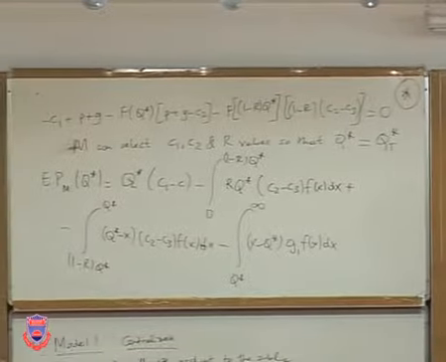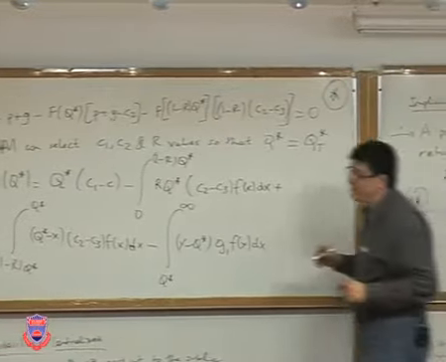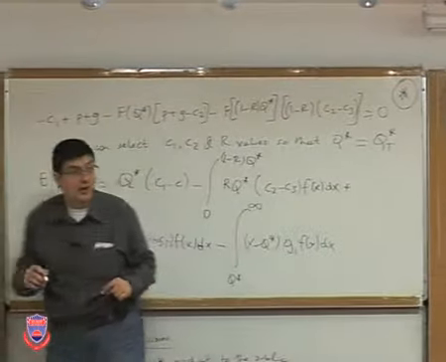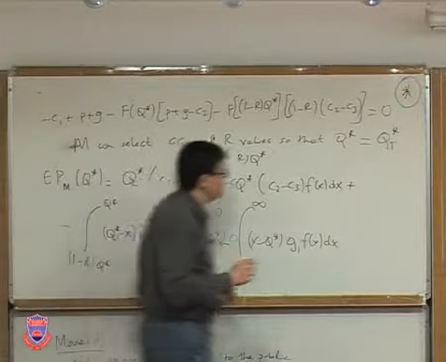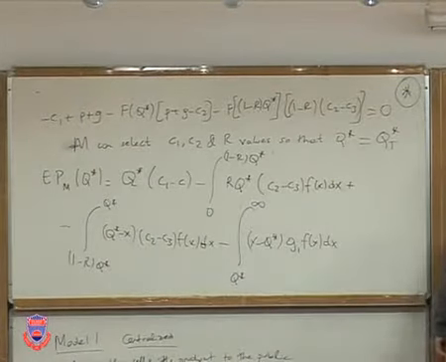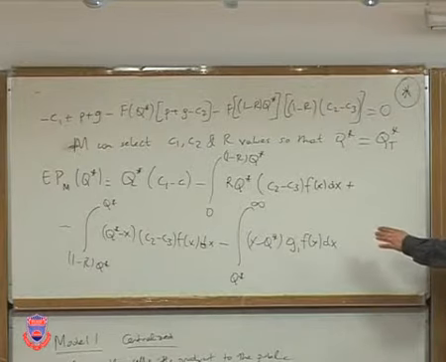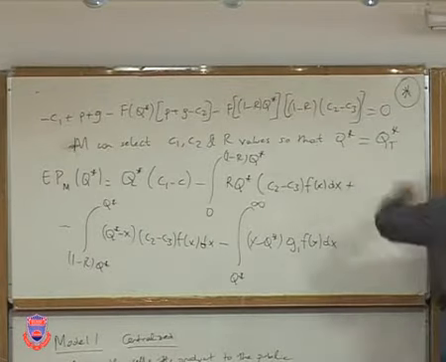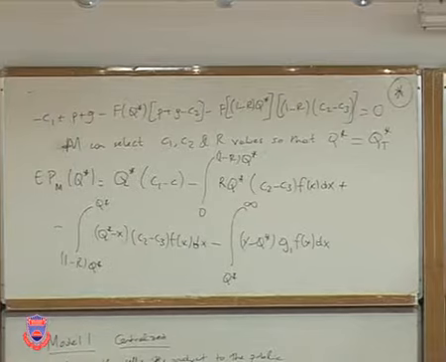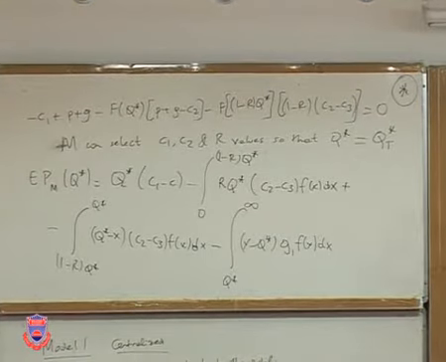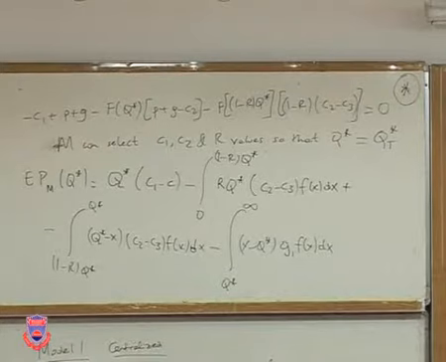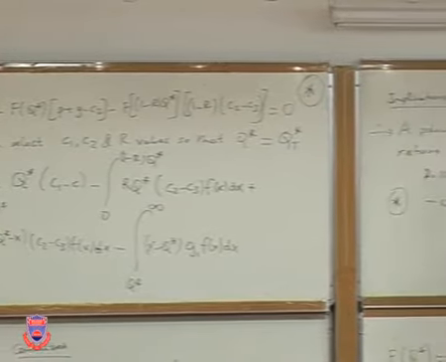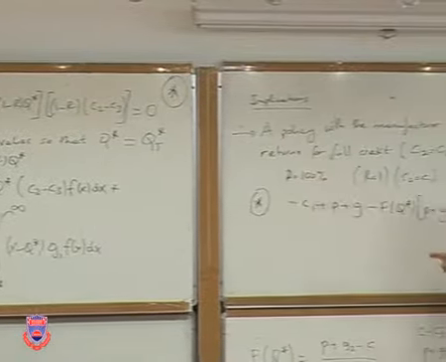According to star, if I place R equal to 1 and C1 is equal to C2, what am I going to have? I'll have minus C1 plus P plus G. Then I'm going to have minus F of Q star times P plus G minus C1. I have replaced C2 with C1.